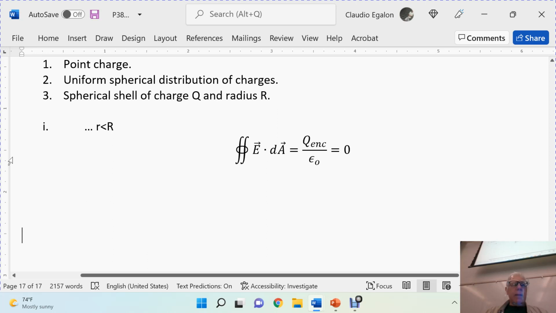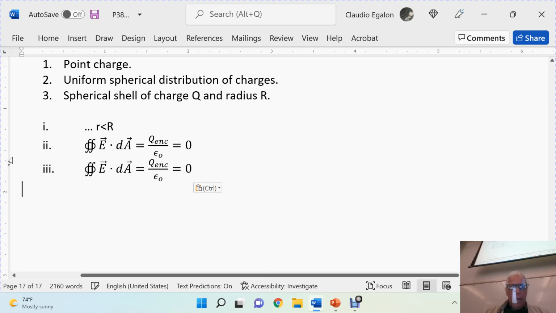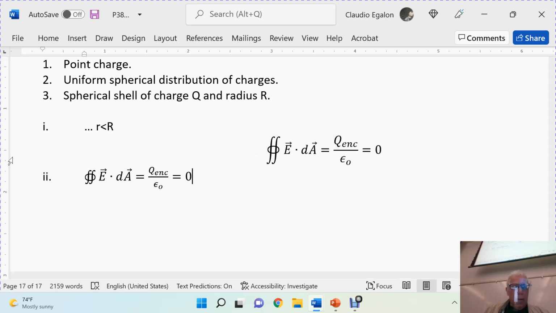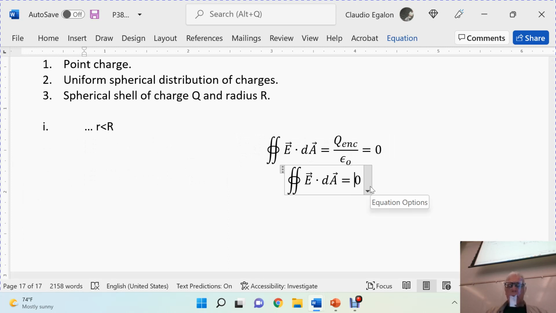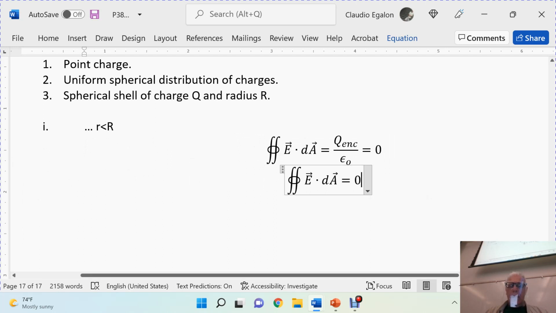Because the Q enclosed is 0, we have this relationship here. We have to look at the integral of E dot dA. Here is the area of the Gaussian surface. The area of the Gaussian surface is different from 0.